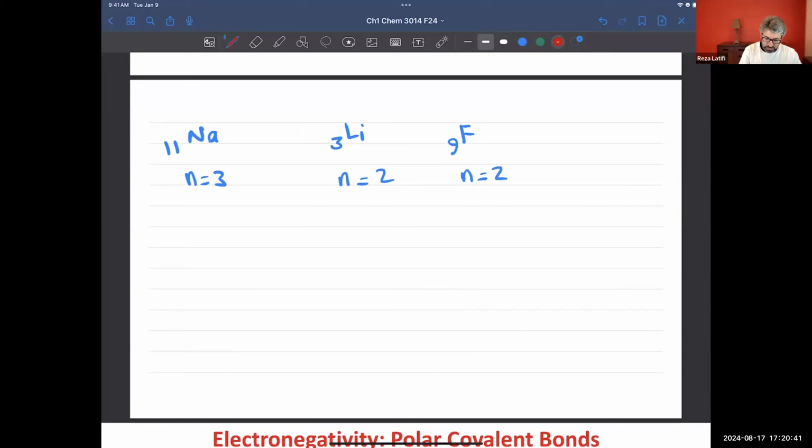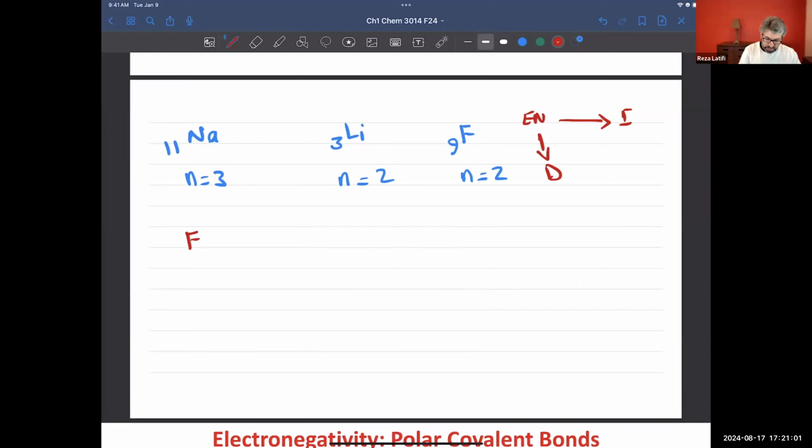Again, to the right side of the periodic table, electronegativity increases. Down in any group, electronegativity decreases. So we're going to sort them based on n first. The one with the smallest n will be either lithium or fluorine. Which one has more protons? Fluorine.